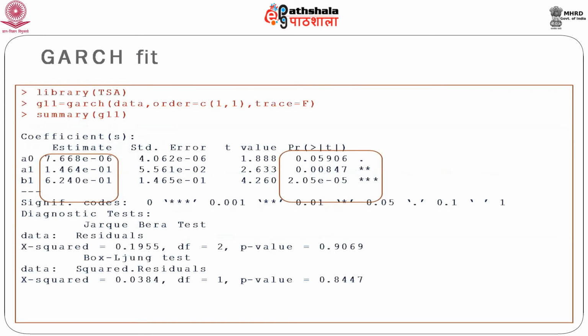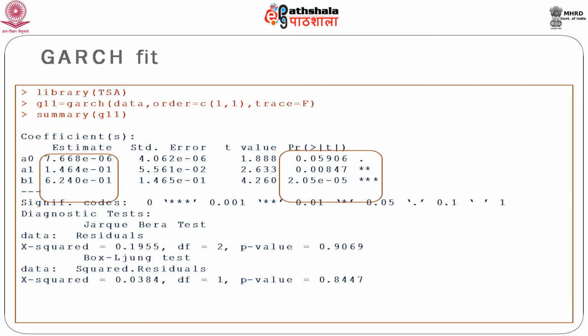It will directly give you the results, and that object was stored in the g11 variable, and g11 is actually a GARCH object. It has all the results. If you want, the summary can be generated by the summary function on g11, and it will give you the summary. The effects are quite similar, but not exactly what I assumed.